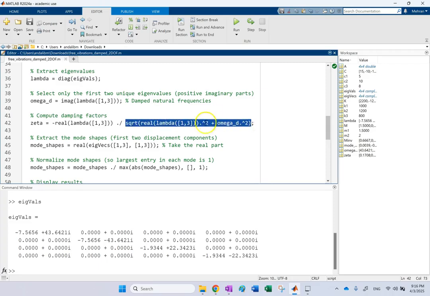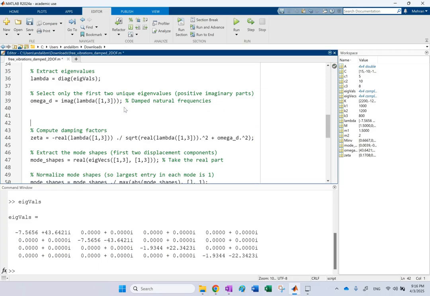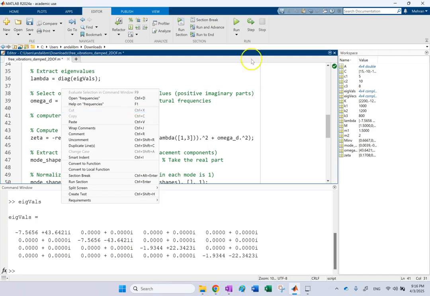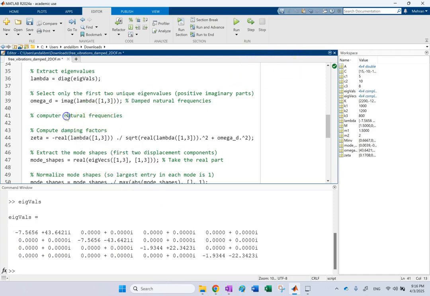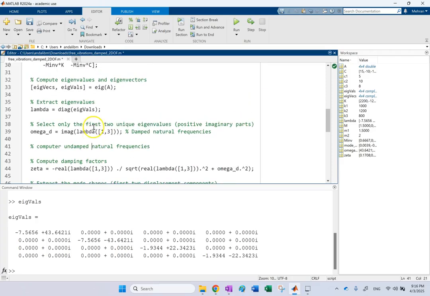So if you want, you can also add that to the code and say compute natural frequencies, right? Compute undamped natural frequencies, because these guys here are the damped natural frequencies.